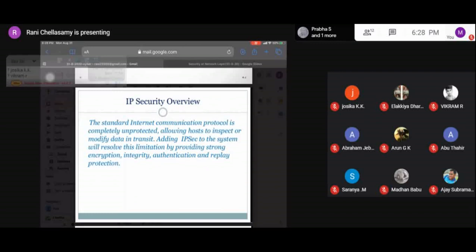For these four reasons, we introduce the Internet Protocol security protocol at the network layer.